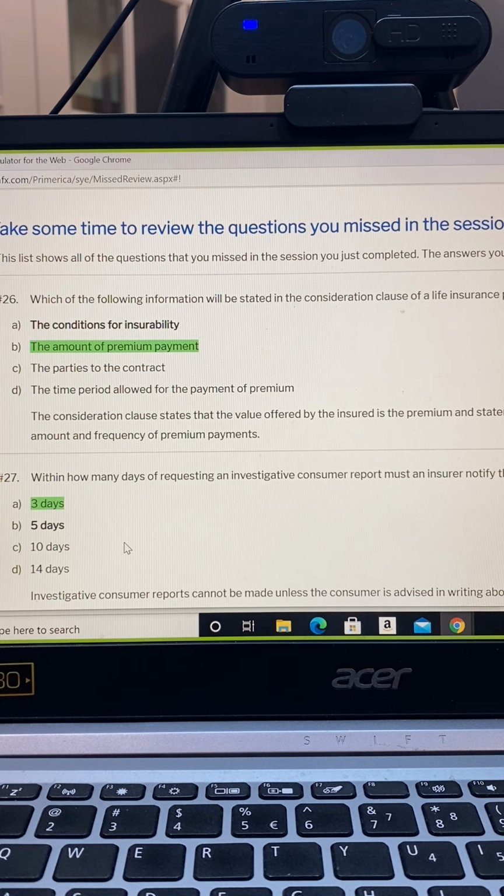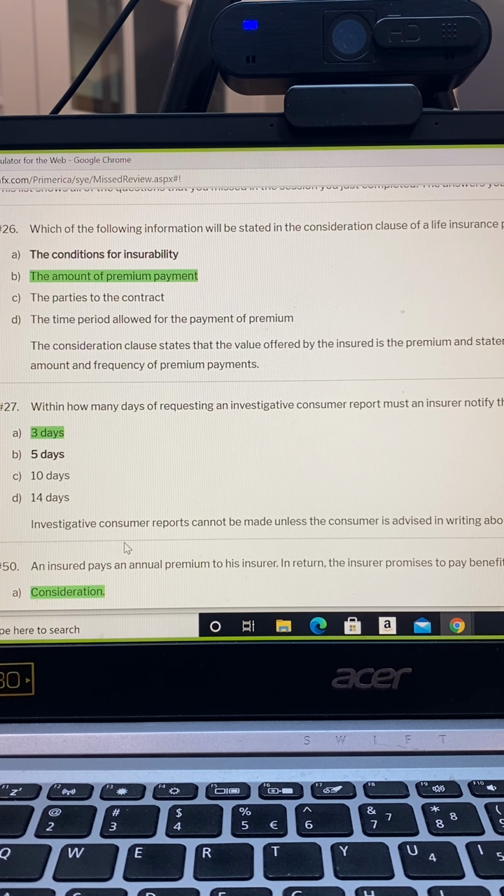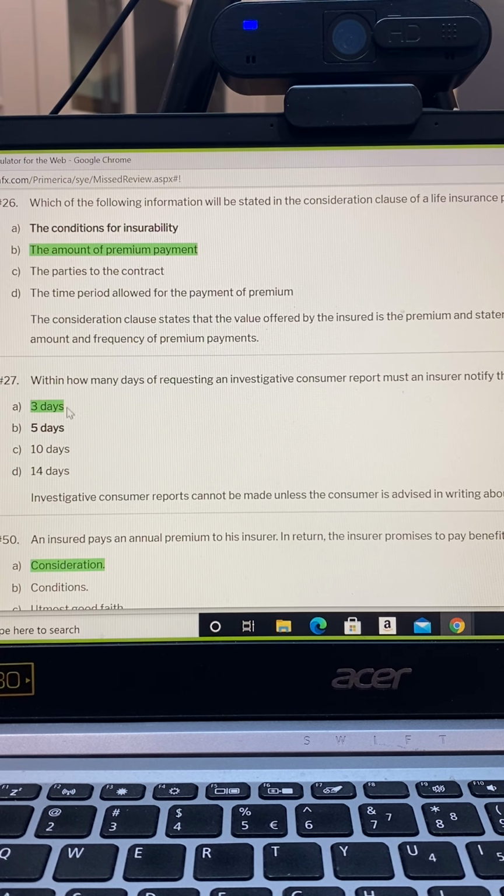I see that too. Within how many days of requesting an investigative consumer report must an insurer notify the consumer in writing that a report will be obtained? The answer is 3 days. I can't remember what you said. Yeah, I think I said 5.